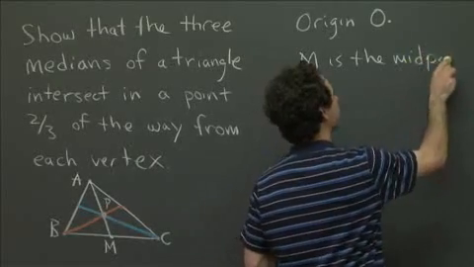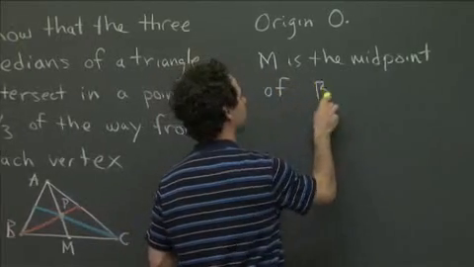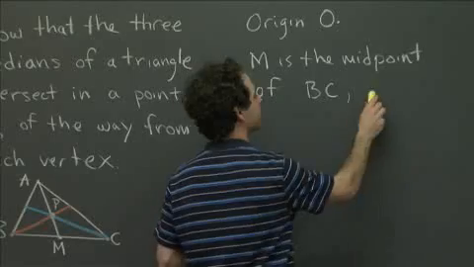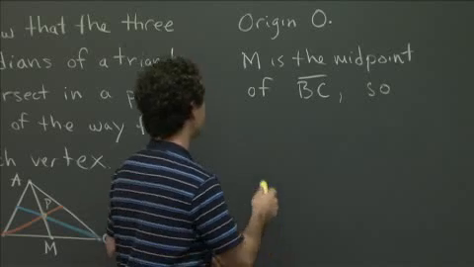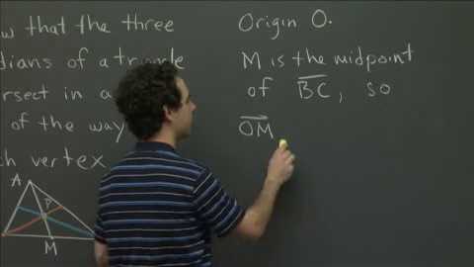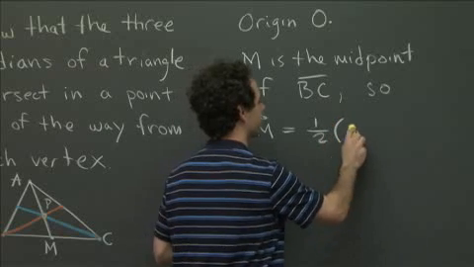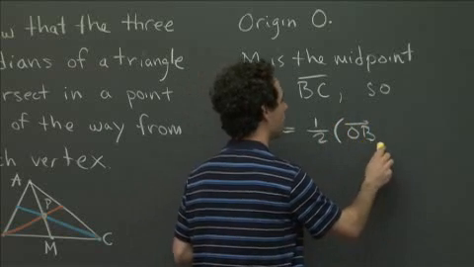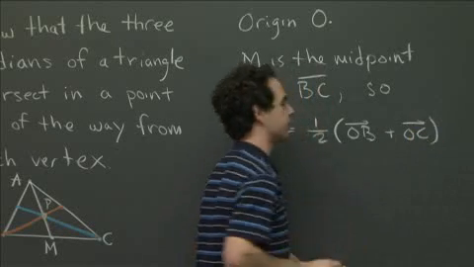M is the midpoint of the segment BC. So I think we saw this in lecture. What this means is that the position vector OM is exactly the average of the position vectors of B and C. It's 1/2 of the quantity OB plus OC.